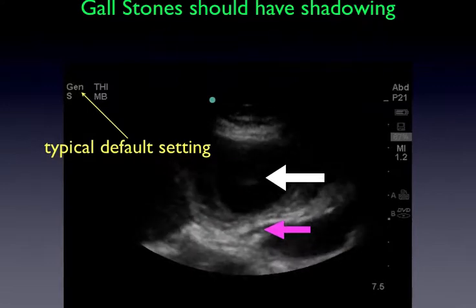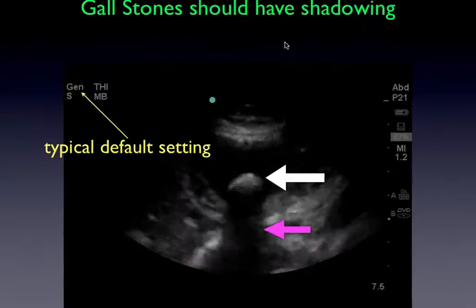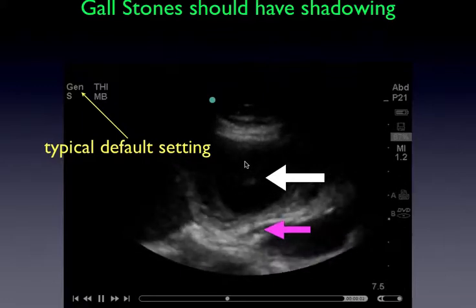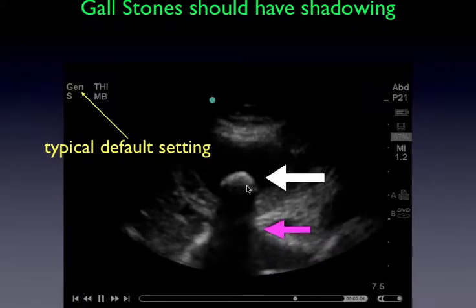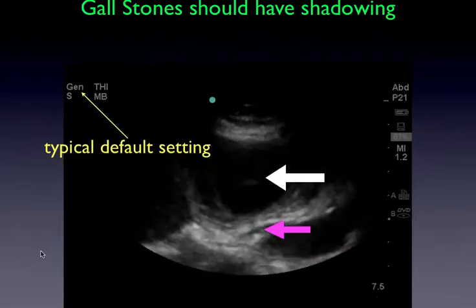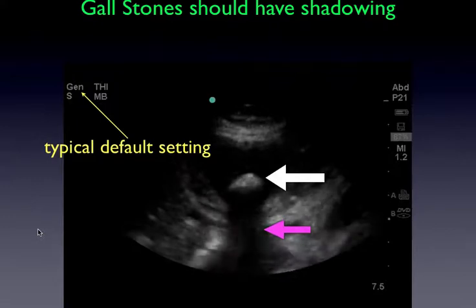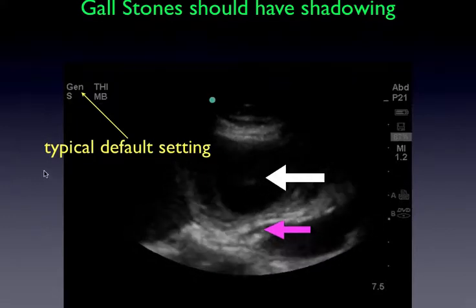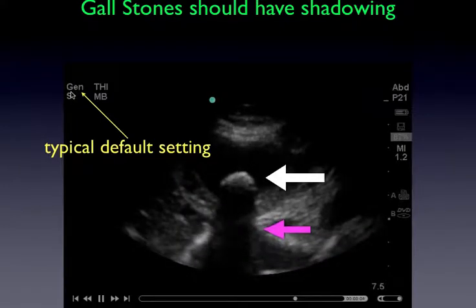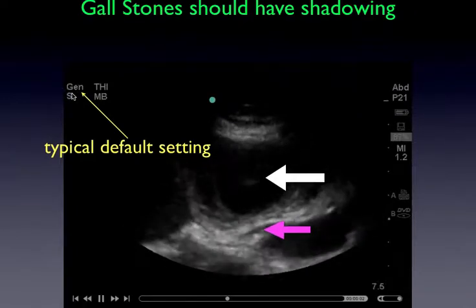Now, as we said before, gallstones typically have shadowing. Again, the ultrasound beam comes down, hits the gallstone over here, cannot penetrate over here. One of the buttons on the ultrasound machine that we tend not to pay attention to is the degree of penetration. So over here, this is the typical default setting, general.